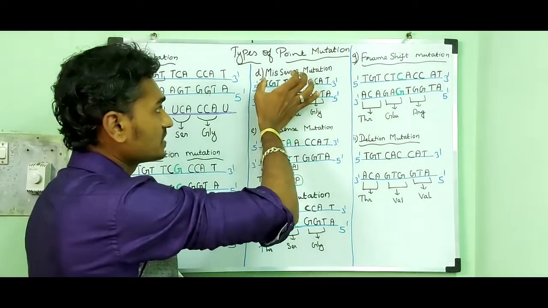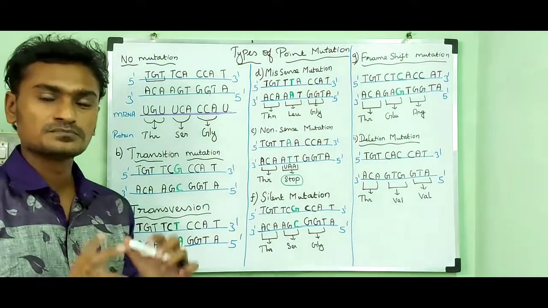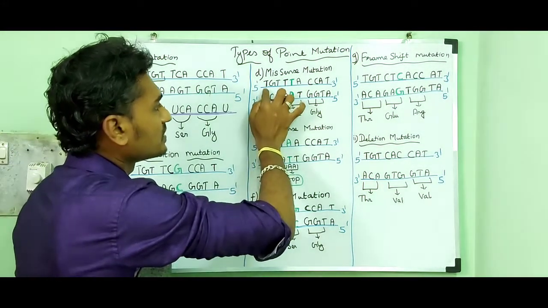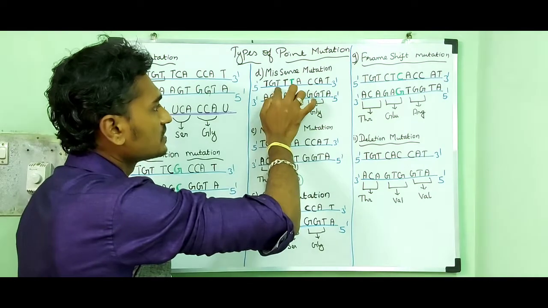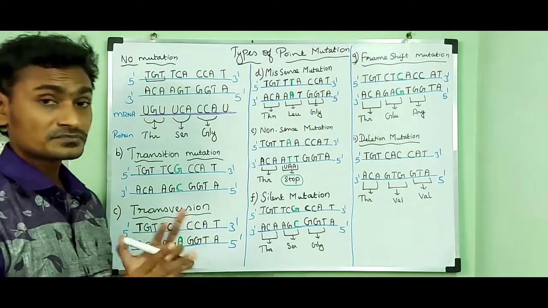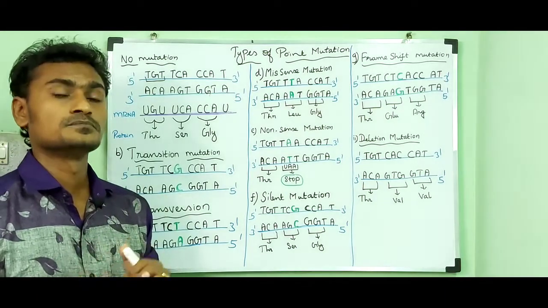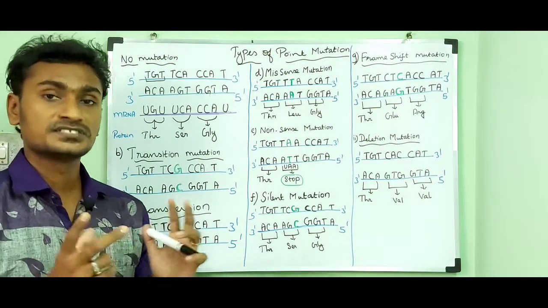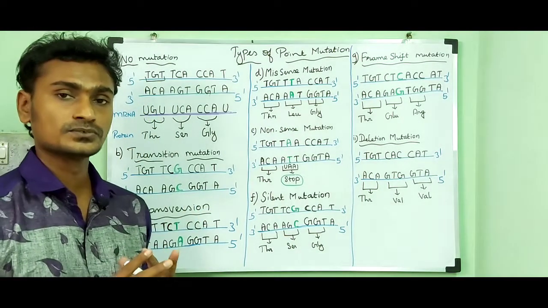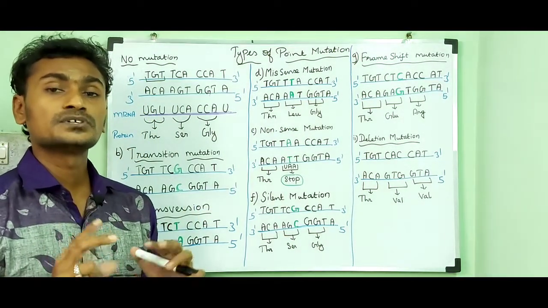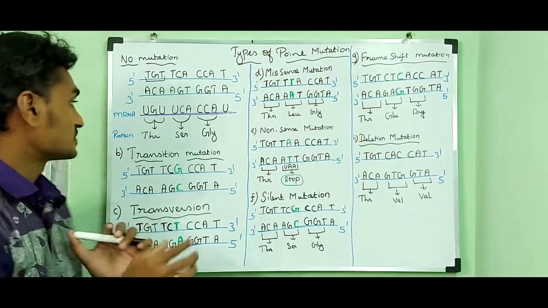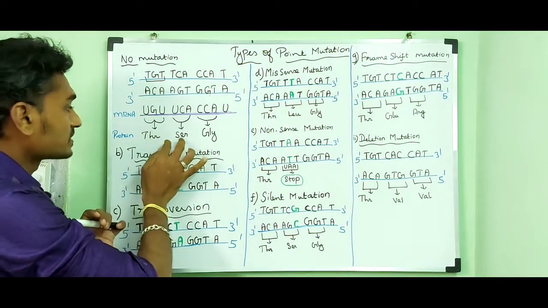The first one is missense mutation. So here you can find capital T, capital G, T, capital T. Here one base pair is changed. So it leads to production of a different amino acid. So here you can find threonine, serine, glycine.